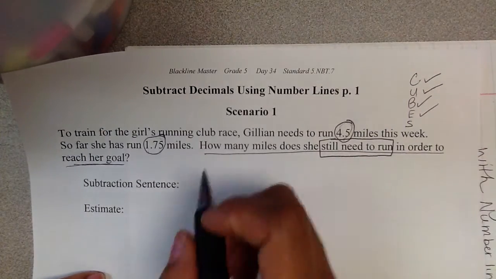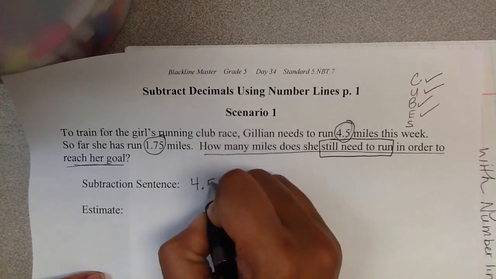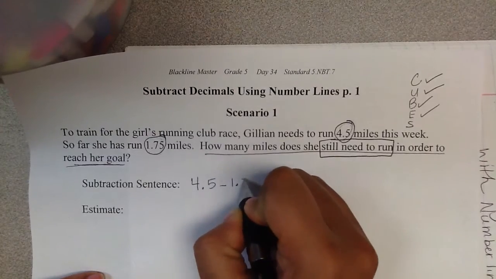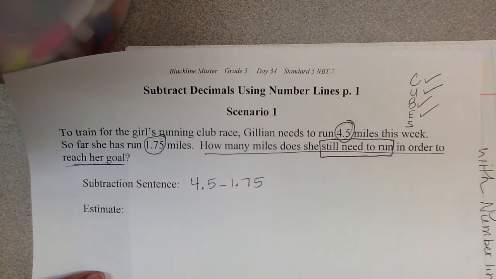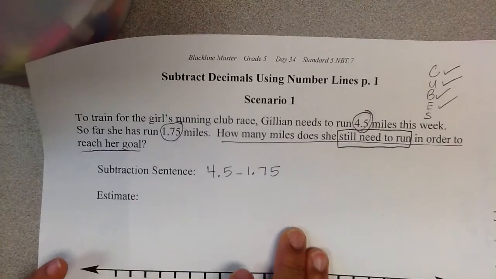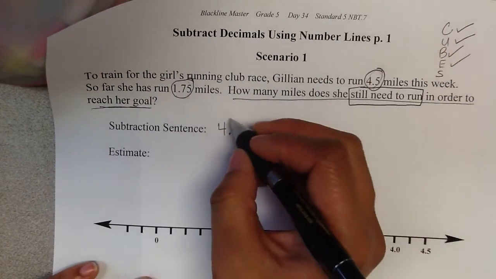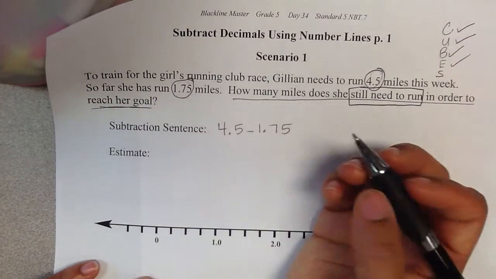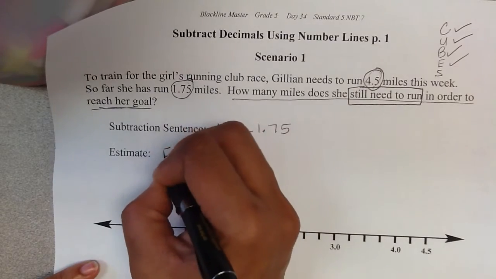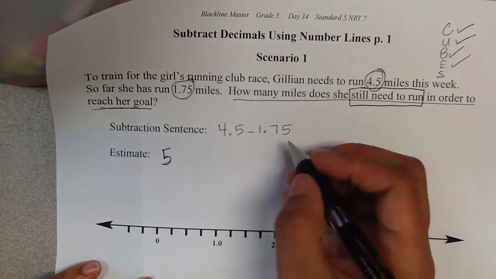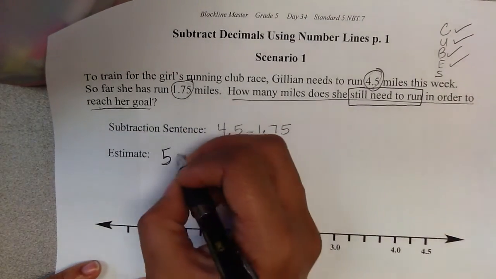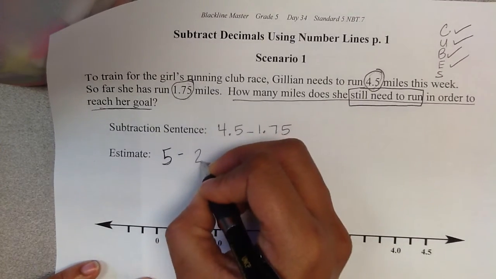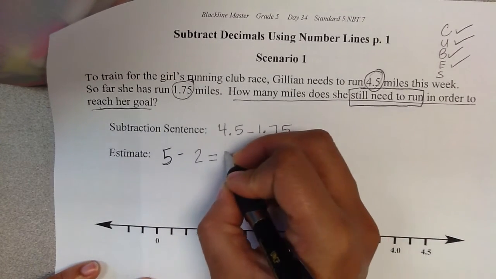My subtraction sentence, 4 5/10 minus 1 7/500. Now, if I do an estimation, it means I'm using easy numbers, okay? I know 4 5/10 is really close to 5 wholes, and I know 1 7/500 is really close to 2 wholes. So if I take 5 minus 2, I get 3.